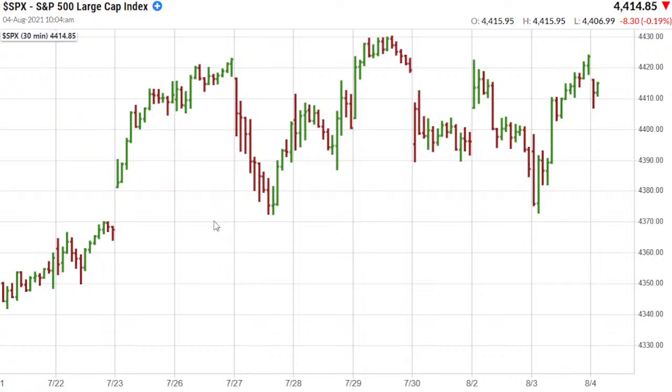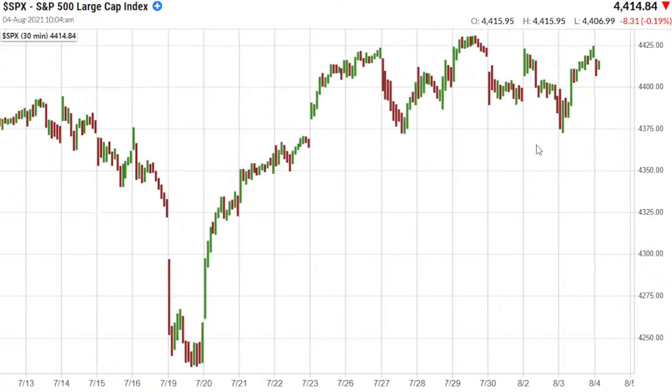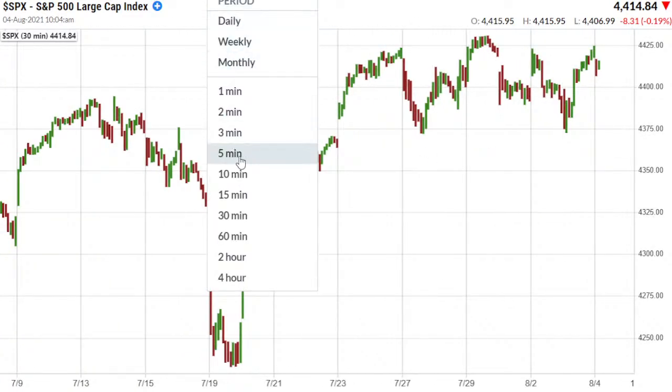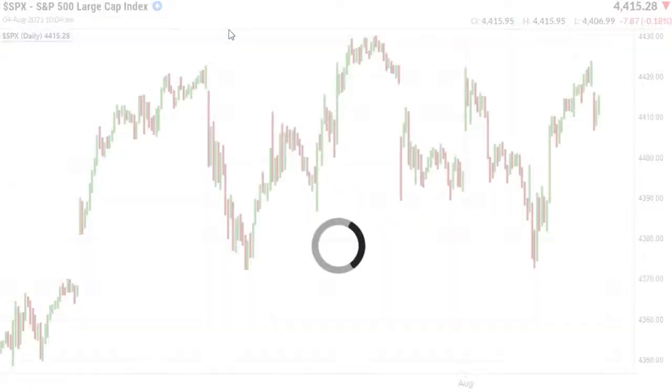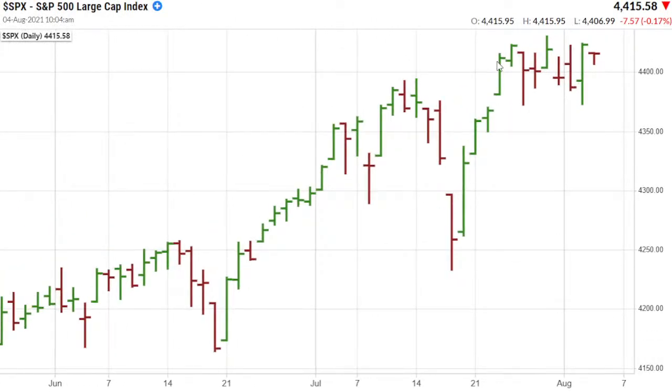That was kind of odd, that after all this chopping up and down, we come down to the very low end of the range and then immediately take off and rally back up to the upper end of the range, right? So I zoom in one more level here to see what it looks like on a 15-minute. This is a few weeks here, and it's basically just up and down. Going back to the daily chart, look at yesterday.